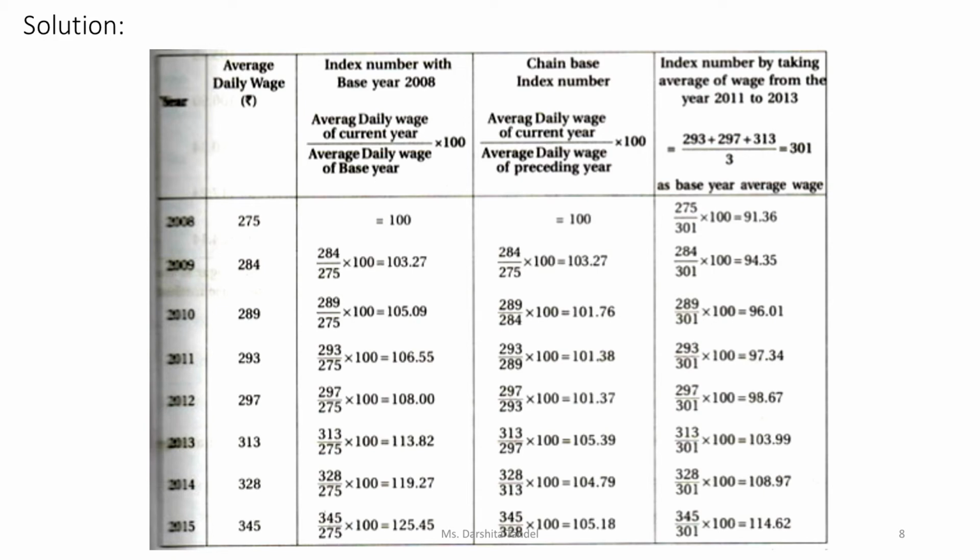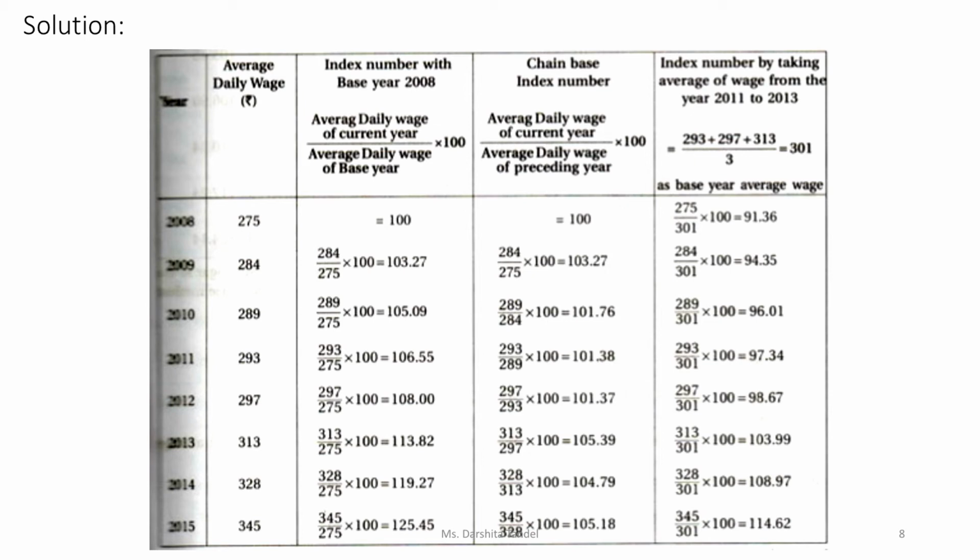Our second row, year 2009, average daily wage is 284. So, average daily wage of current year, 284, divided by average daily wage of base year, 275, into 100 is equal to 103.27. Similarly, in year 2010, average daily wage is rupees 289.